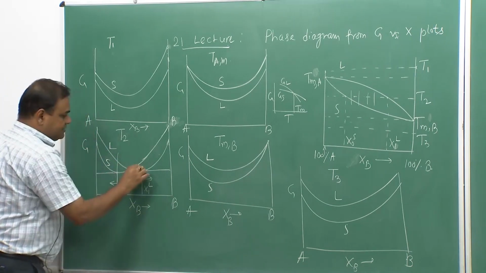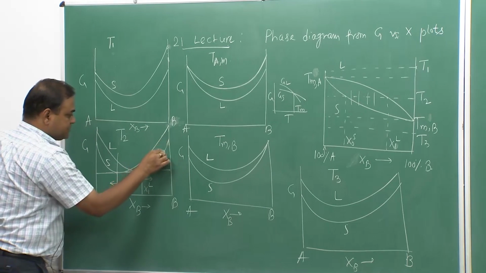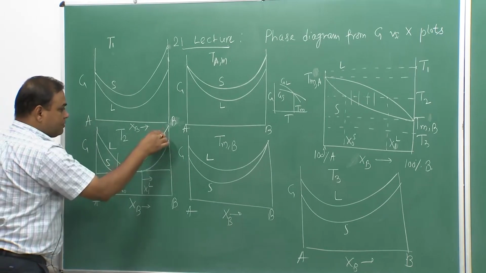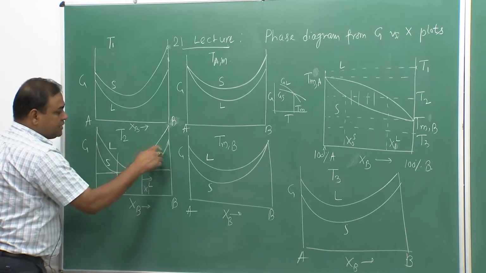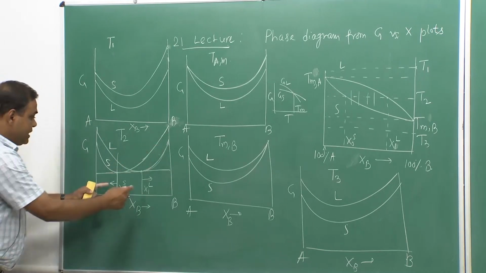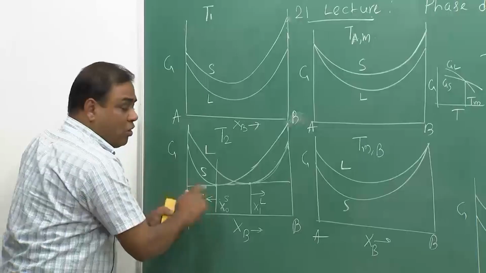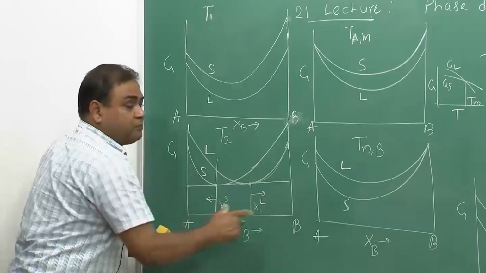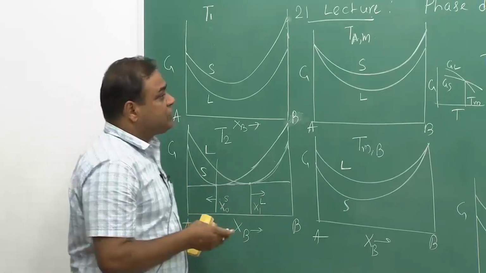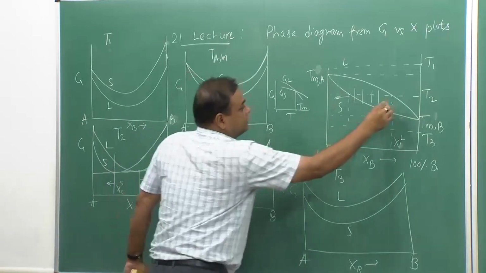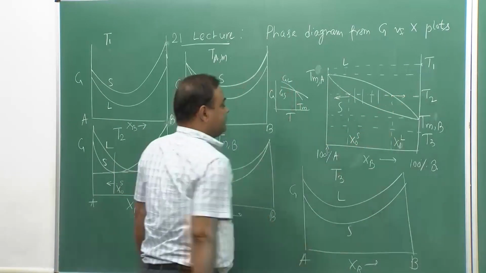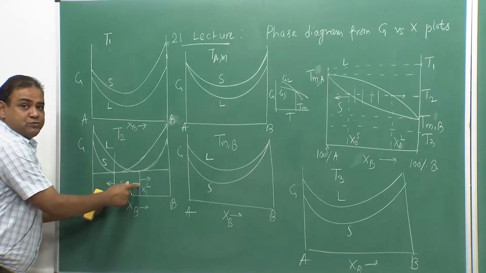On the right side, the liquid free energy is below the solid at the different compositions. So, left of this all will be solid, and right of this line all will be liquid. And what happens in between?